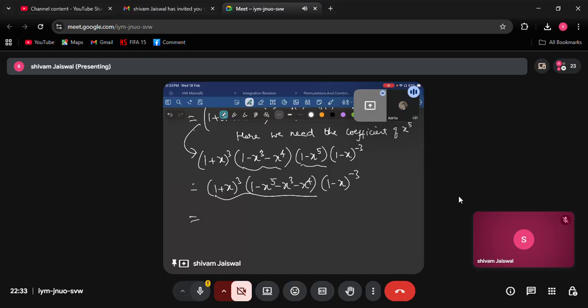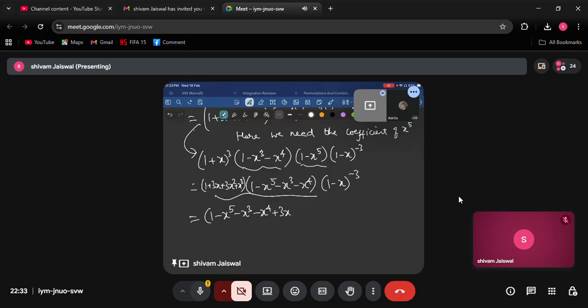So what have we got? (1 plus x) whole cube is 1 plus 3x plus 3x squared plus x cubed. Okay, so 1 into all these powers we require: 1 minus x to the power 5, minus x cube, minus x to the power 4. Then 3x into 1, 3x is required.